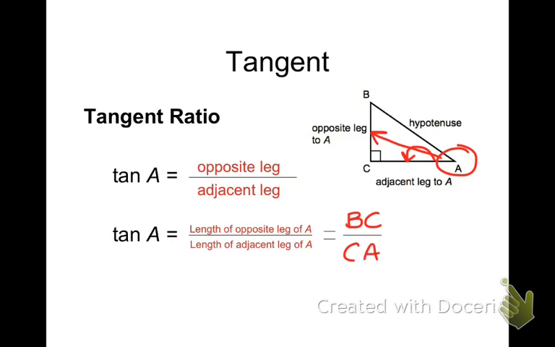Remember, I'm not putting line segment bars over these, so this represents an actual length of the segment. So the length of BC divided by the length of CA, which is what you were doing. You found physical lengths and you divided them to get that decimal. All right, so that's your tangent.